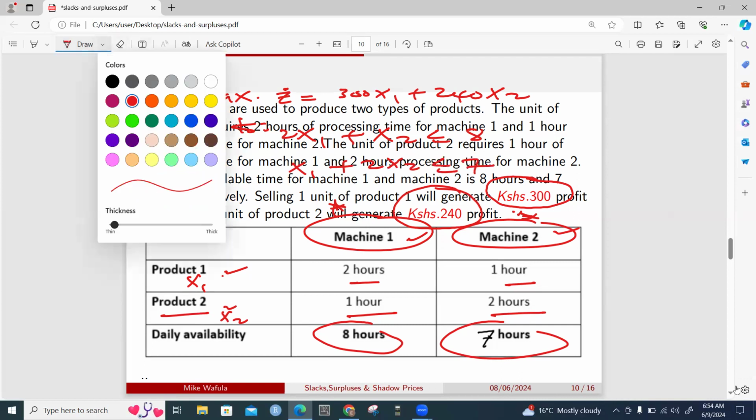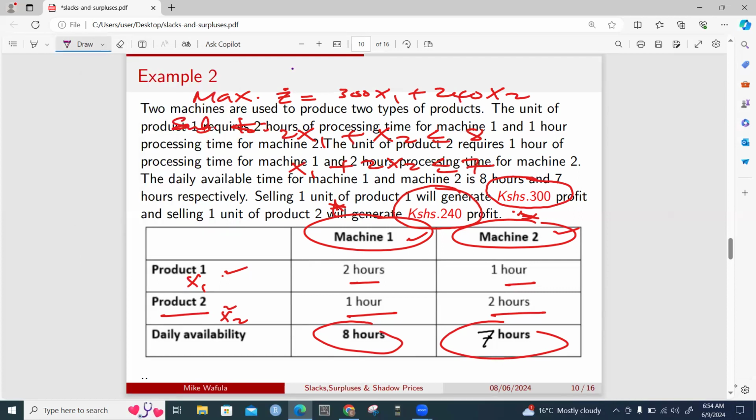And the non-negative constraints, X1 greater than or equal to 0 and X2 greater than or equal to 0. So we graph this, and after graphing them, we find the optimum point.